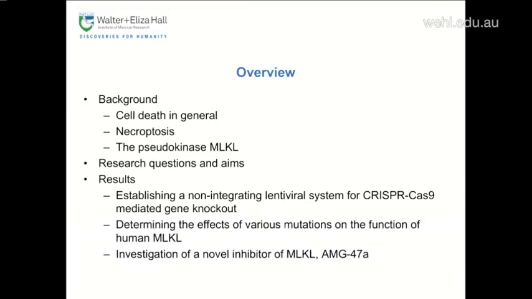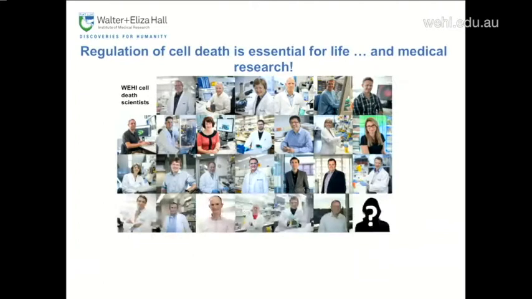Go through what my research question and aims were, and then go through some of the results that I've found, which includes one methods section, which is about a non-integrating lentiviral system for CRISPR-Cas9, and then looking at the functional effects of mutations on human MLKL, and also investigating a novel inhibitor of necroptosis. So hopefully this mistake in my first slide is the mistake in all my slides. So it's not an inhibitor of MLKL, so apologies for getting anyone's hopes up there.